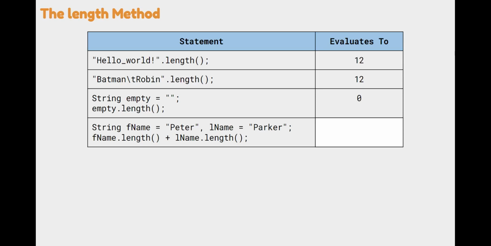Remembering our precedence table, the dot operator has a higher precedence. These methods will evaluate to numbers first, which means that plus sign will be the addition operator, and we will add the 2 integers that we get back from each of these methods. So Peter will evaluate to 5, and Parker.length will evaluate to 6. 5 plus 6 evaluates to 11.